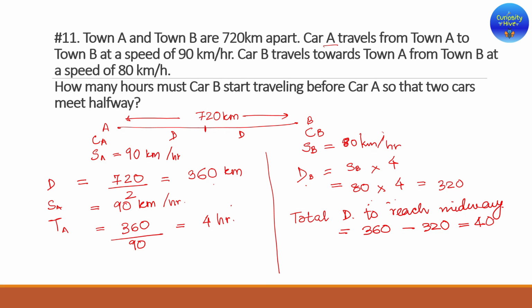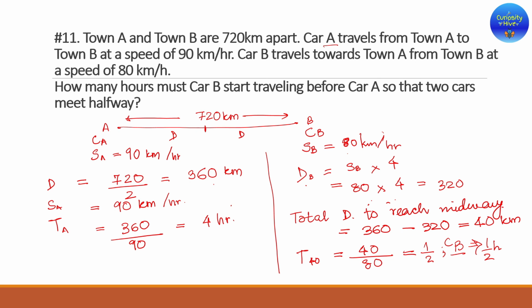Now to cover this 40 kilometers, how much time does it need? Well, the time to cover 40 kilometers is equal to the distance, 40 kilometers, divided by the speed of car B, which is 80, which will be equal to half.